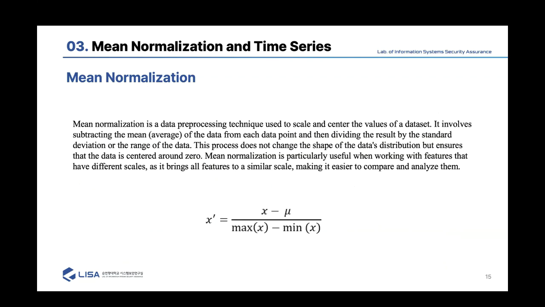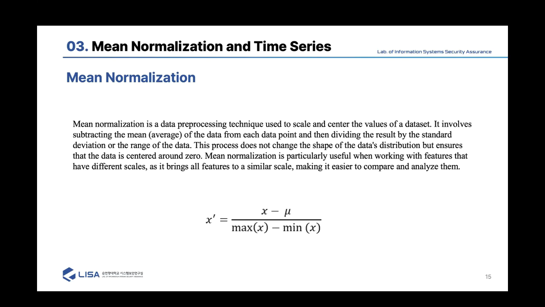For pre-processing, we use mean normalization, a data pre-processing technique used to scale and center the values of the datasets. It involves subtracting the mean average of the data from each data point and then dividing the result by the standard deviation or the range of the data.